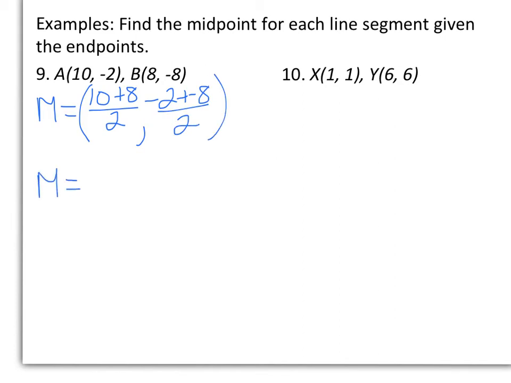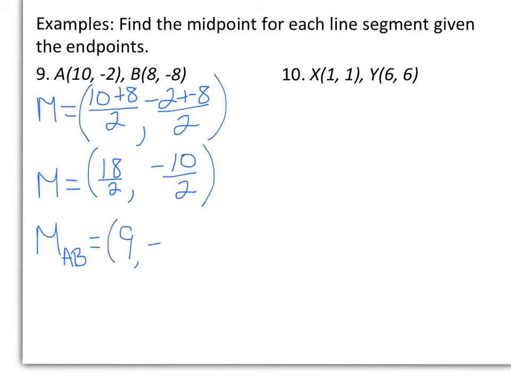So simplifying, I will get 18 divided by 2, comma, negative 10 divided by 2. So my midpoint for line segment AB is 9, comma, negative 5. Notice midpoint is an ordered pair.